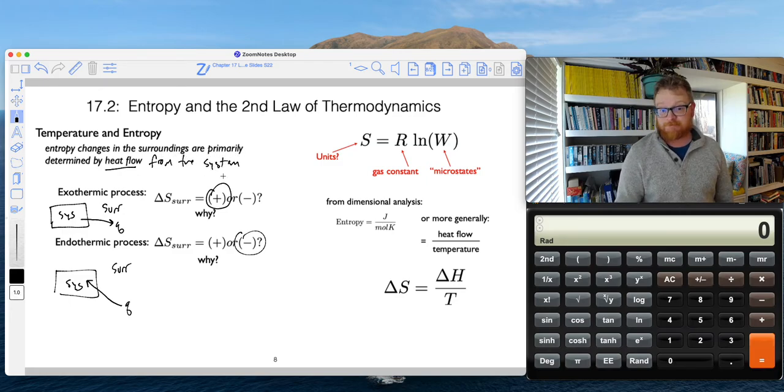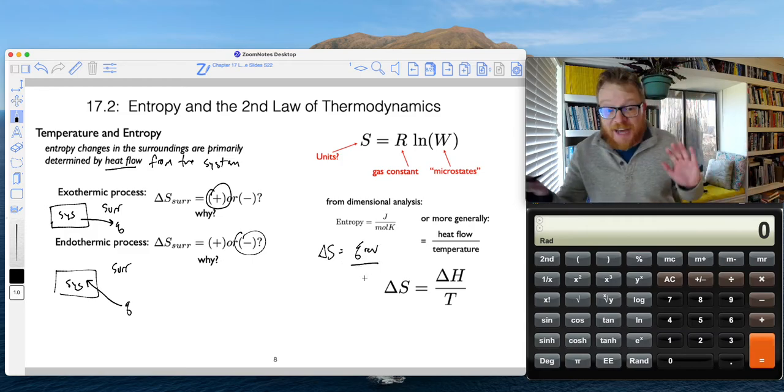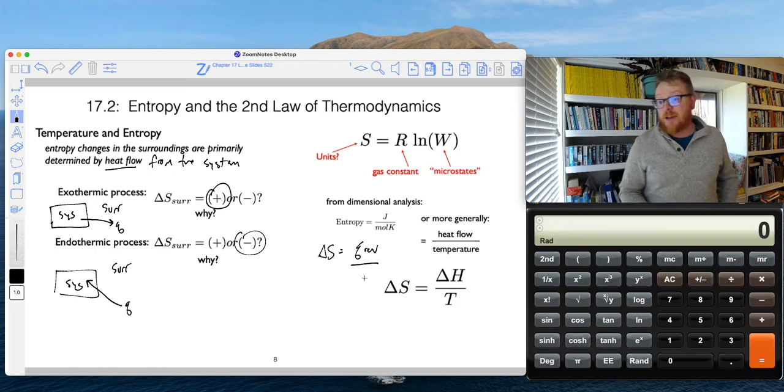Okay? So if we go back to our simple Boltzmann equation, we remember from the dimensional analysis that the units were joule per mole per K. If we start thinking, is there another, more general way we could calculate entropy? There is. When we look at these units, joule per mole, that has units of heat, which is Q. So I'm going to say delta S. We also recognize that this Q should be reversible so that we can assess what's going on in the system and the surroundings.